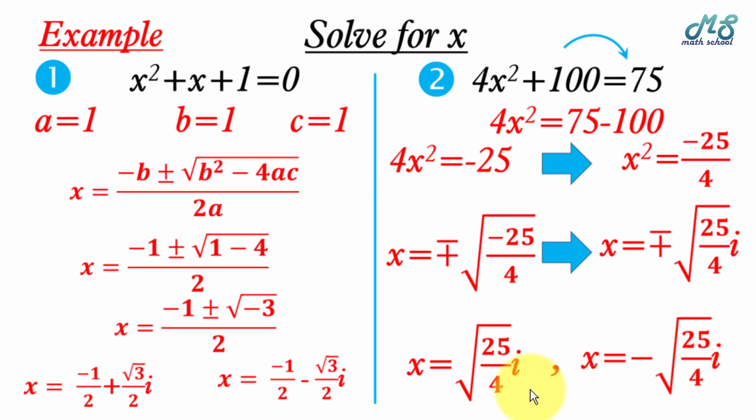Now the two roots are x equals 5 over 2 i and x equals negative 5 over 2 i. So the values of x are complex numbers, and we can now solve the equation x squared plus 100 equals 75 in complex numbers.